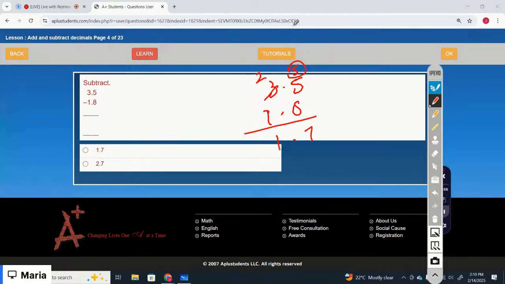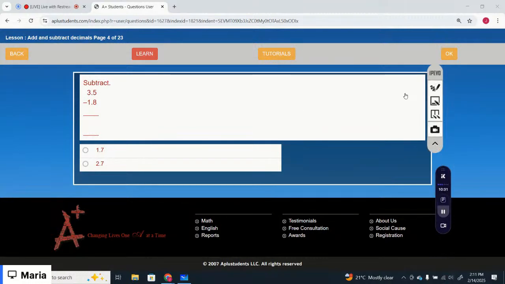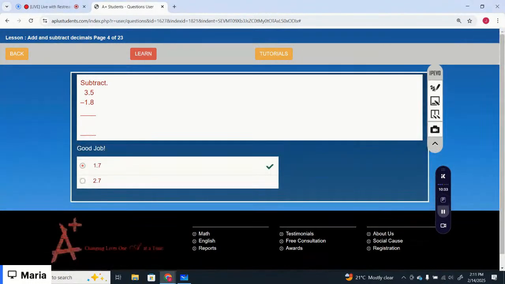That is 1.7. Option number 1 is the correct option.